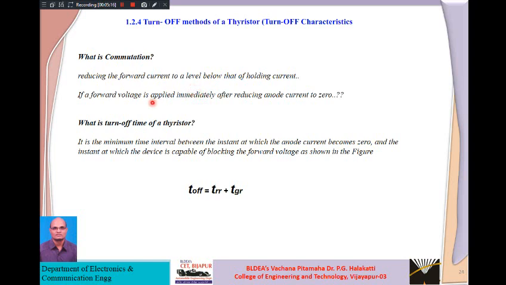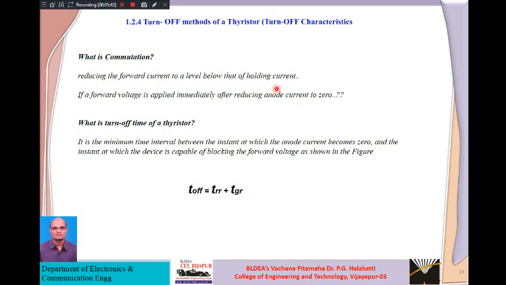That's all. But what if a forward voltage is applied immediately after reducing the anode current to 0? Let us assume that for the time being. We want to spare some time on this definition of commutation, because it is very important. Now let us assume that somehow we drop the anode current, the forward current, below the holding current.